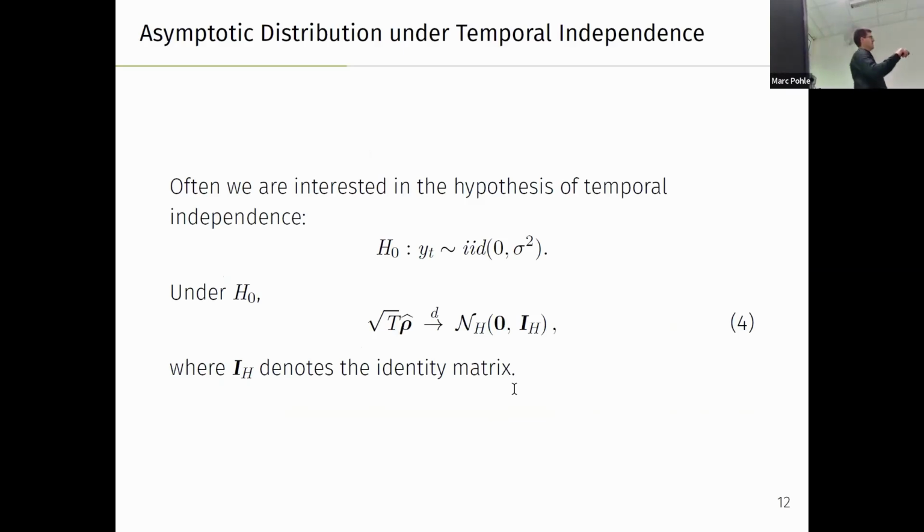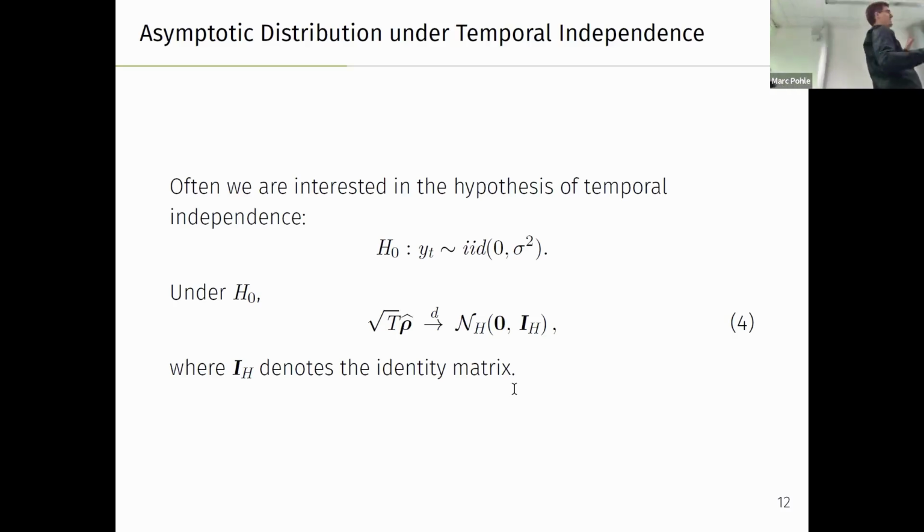Under this null hypothesis, and that's the result that also underlies the pointwise bands that I showed you, the empirical autocorrelations are asymptotically standard normal. So the covariance matrix is the identity matrix. So we don't need to estimate anything here.